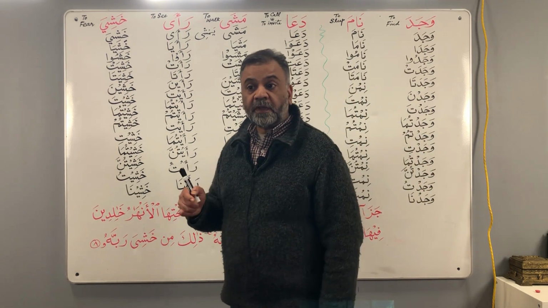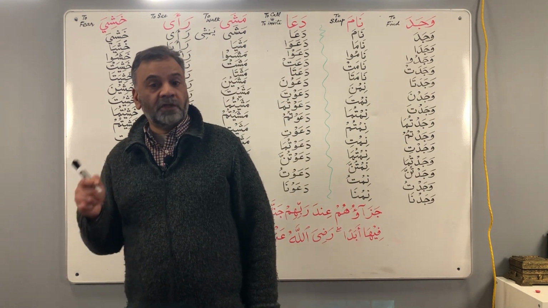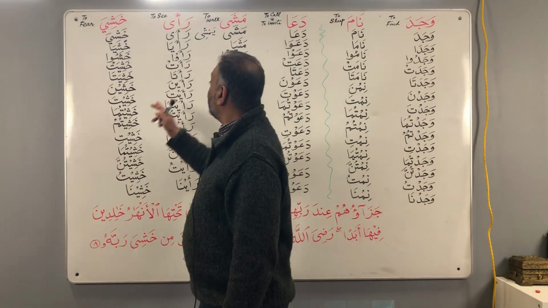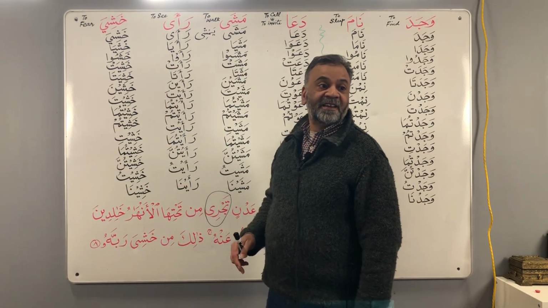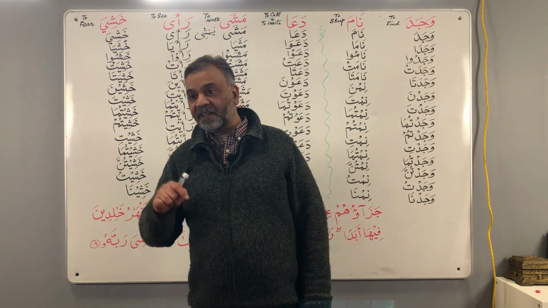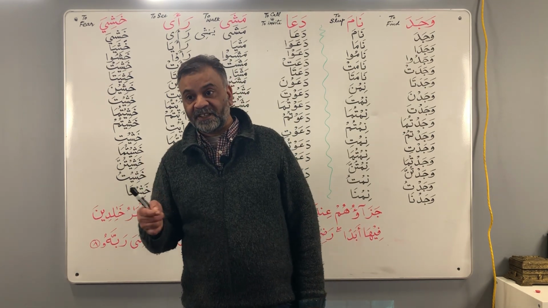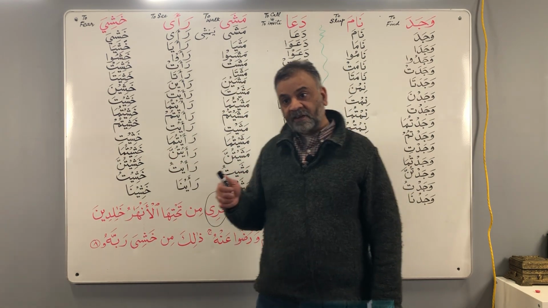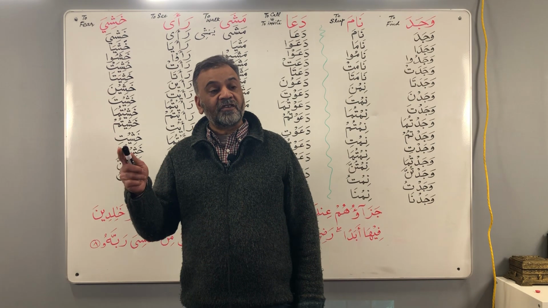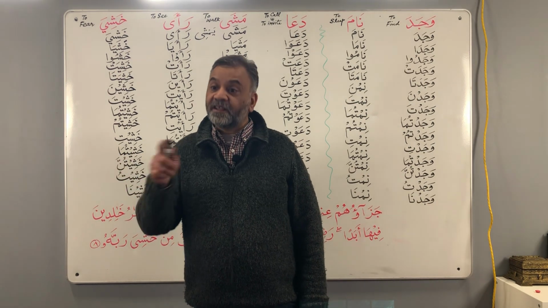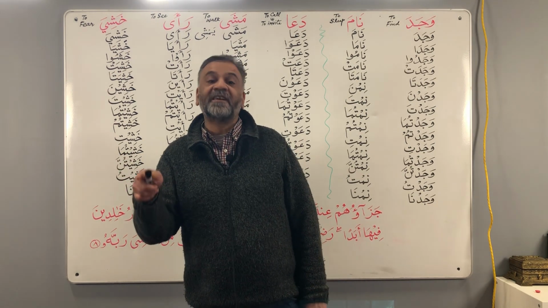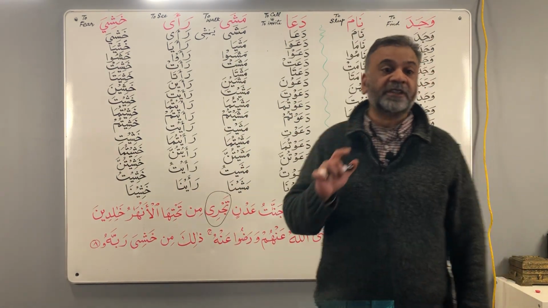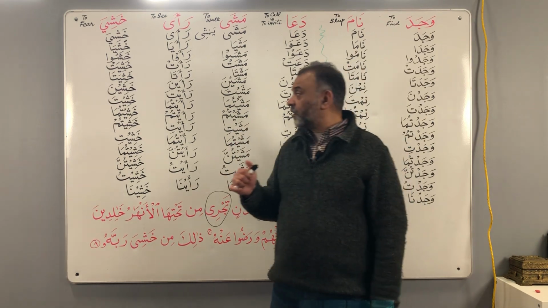And another example, Suratul Ma'un: Ra'ayta alladhi yukazzibu bid-din. Did you not see? Ra'ayta. And then in Suratul Nasr: Iza ja'a nasrullahi wal fath wa ra'ayta an-nasa yadkhuluna fi dinillahi afwaja. So ra'a is used as well.